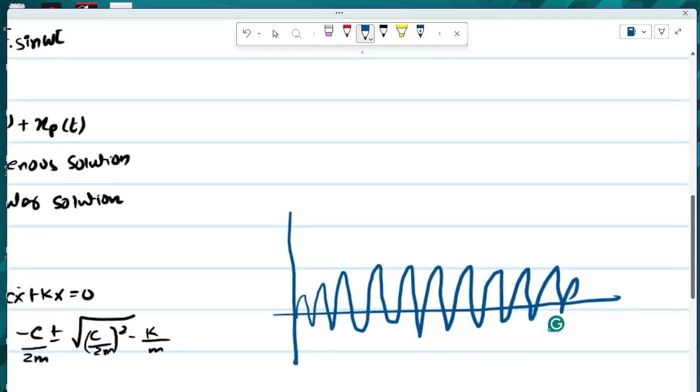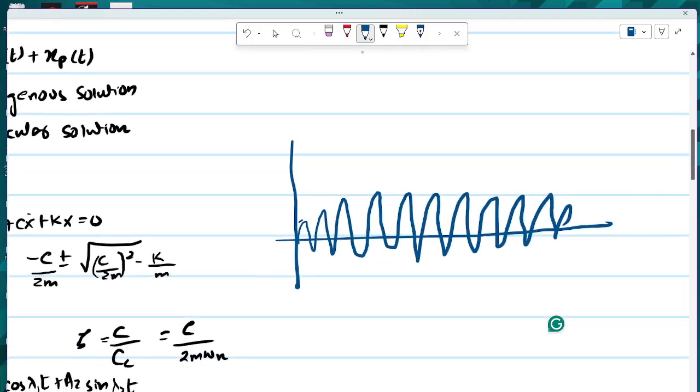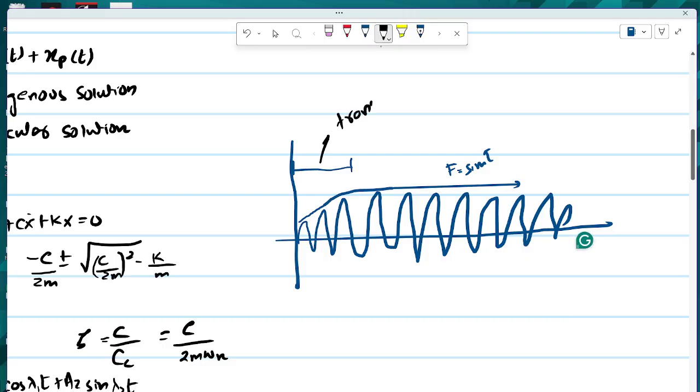In the beginning the amplitude is progressively increasing until it reaches a constant value, and then it maintains that amplitude as long as you apply the force f naught sine omega t. The region where the system is still stabilizing is called the transient part, and the region where the system has stabilized is called the steady state.